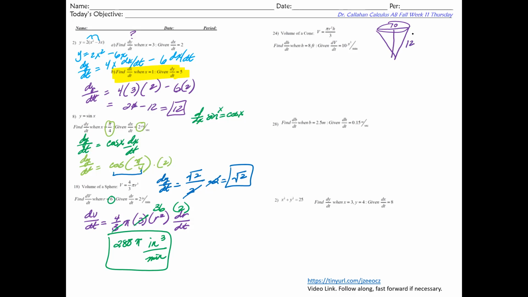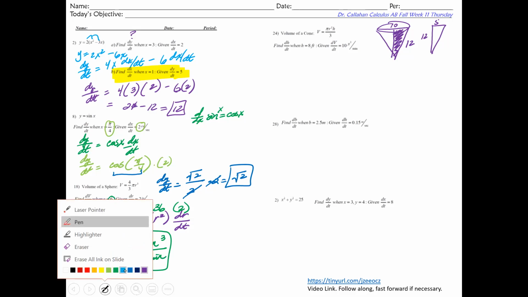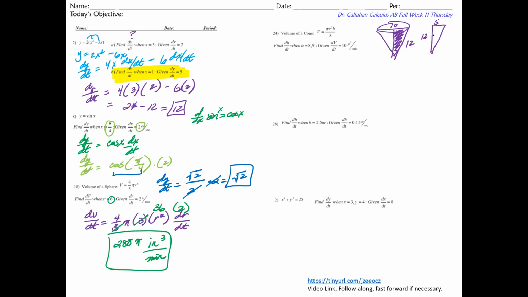And if you go ahead and extract this triangle out, you should see that this is 12. Half of 10 is going to be a 5. And then, of course, your water is going to be seeping out of this. So I have my height right here, and then my radius in there.